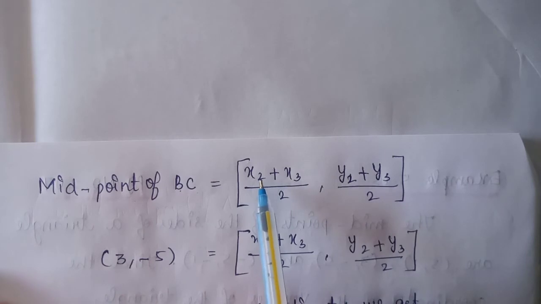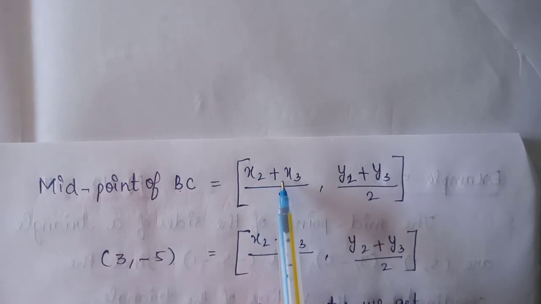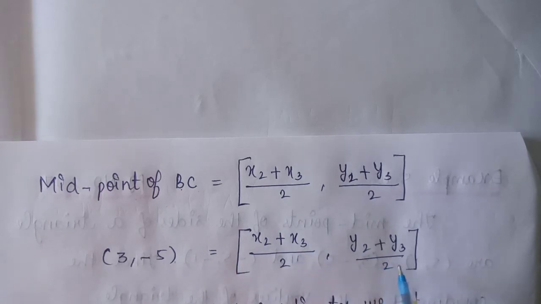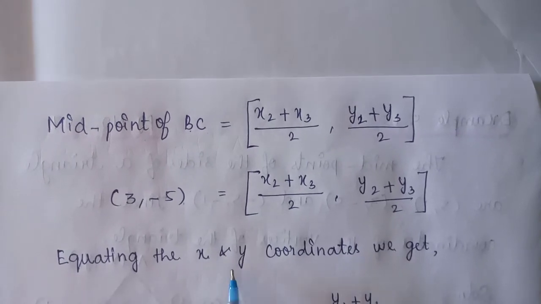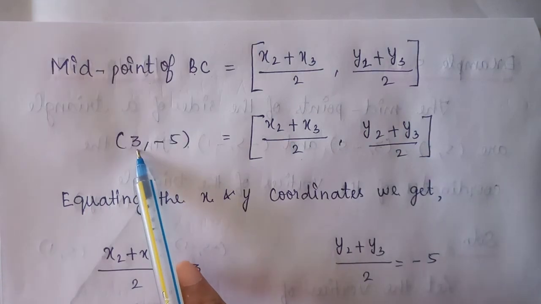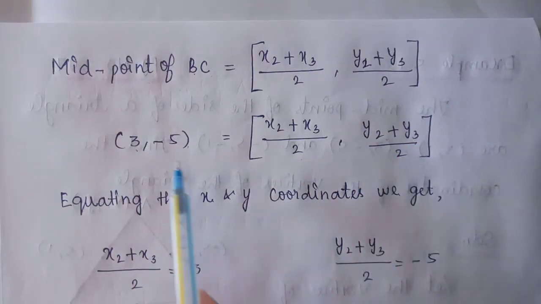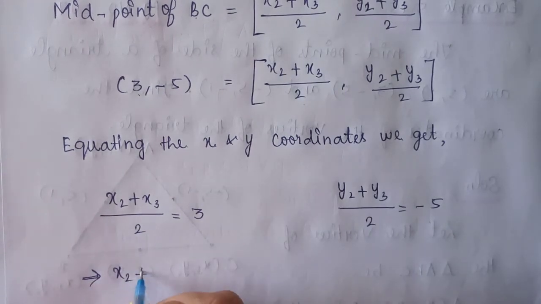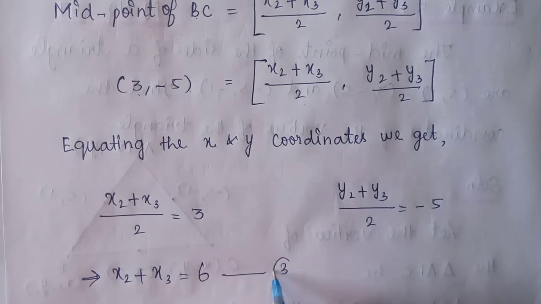In the question they have given the midpoint of BC as (3, -5). Equating the x and y coordinates, we get (x2 plus x3) by 2 is equal to 3 and (y2 plus y3) by 2 is equal to -5. Which implies x2 plus x3 is equal to 2 threes are 6, which is equation number 3.